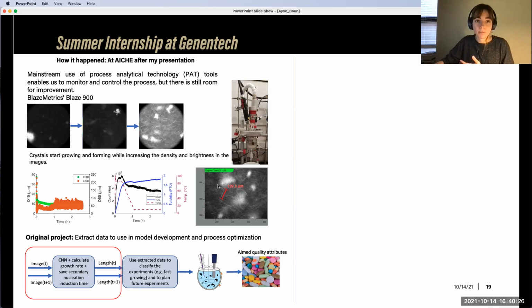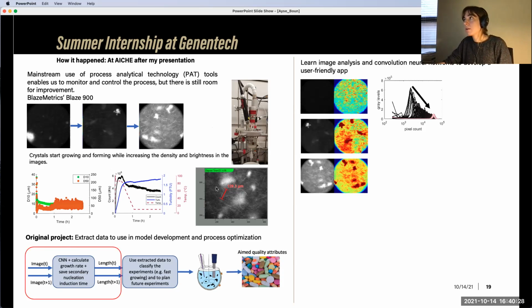and then measure your crystals more accurately. So during this time, I had to learn how to do image analysis and use convolutional neural networks, and also to develop a user-friendly app for them. So when I'm gone, they can continue using that for their experiments. Long story short, there's a lot of things to talk about, but I'm just going to skip. You see how I learned how to do image analysis on MATLAB.